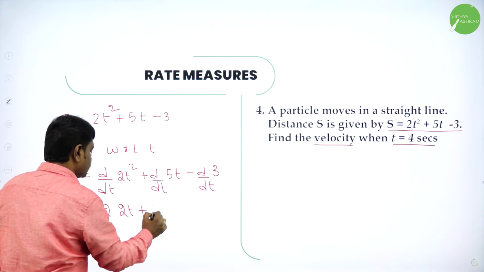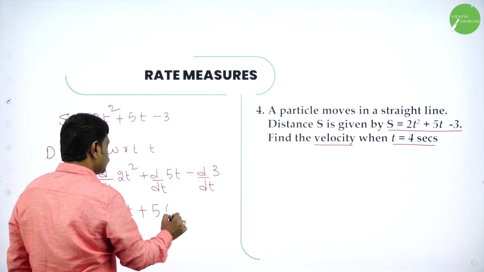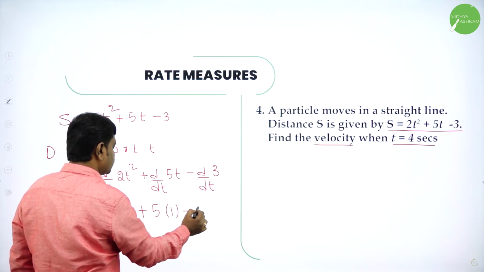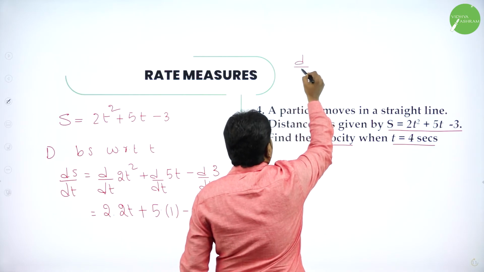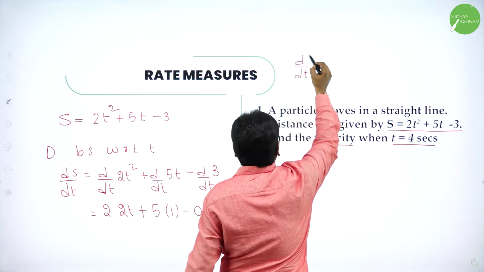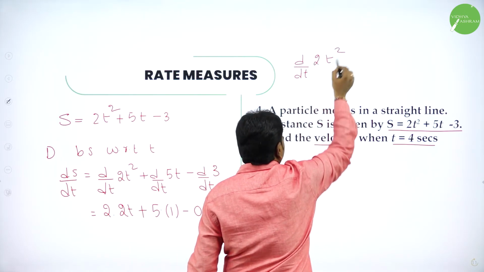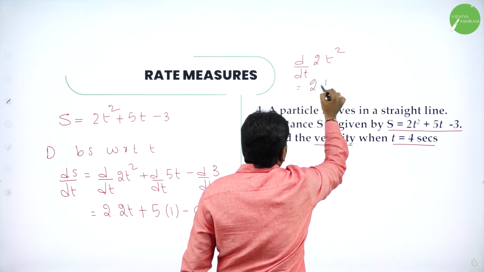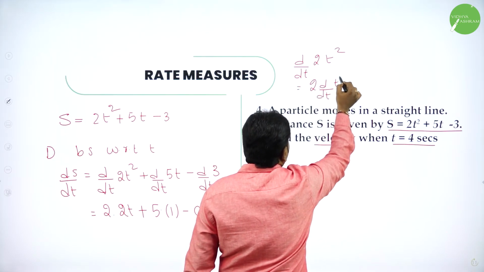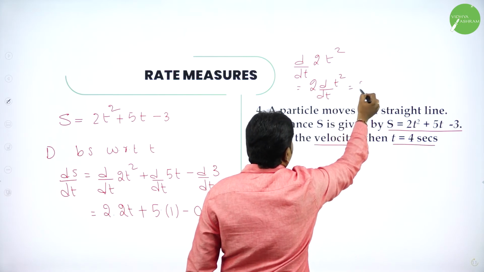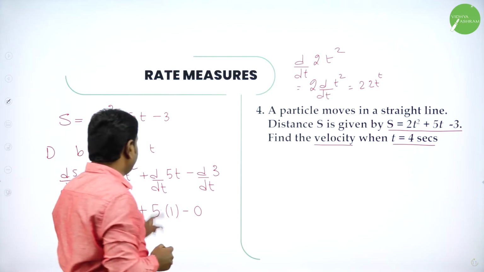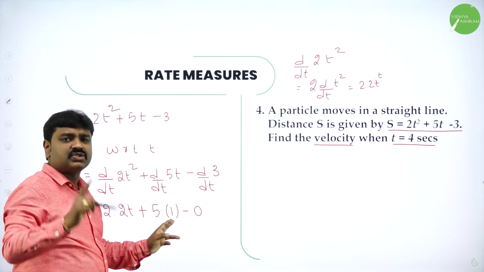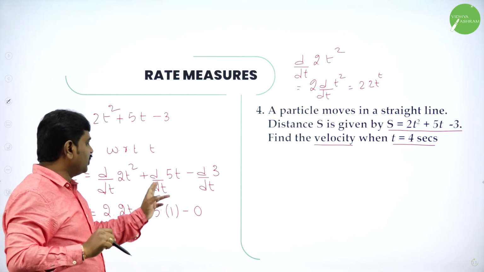Plus 5 is constant, take it out, d by dt of t is 1. Minus d by dt of 3 is 0. My dear students, if they give 2t square, all of you know 2 is constant, take it out, and apply d by dt of t square. Here t matches, so 2 into the derivative of this, 2t. And 5 is constant, take it out, d by dt of t is 1.